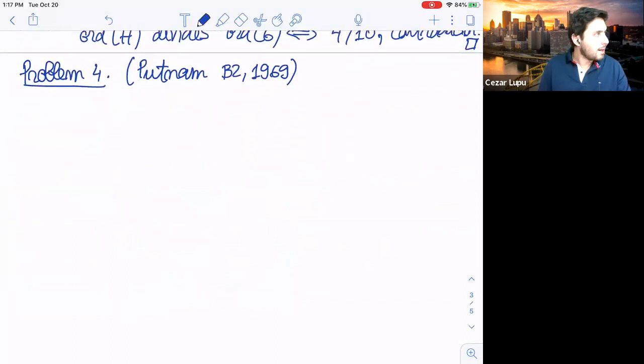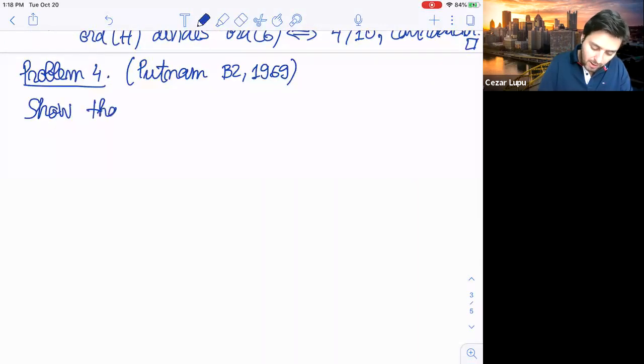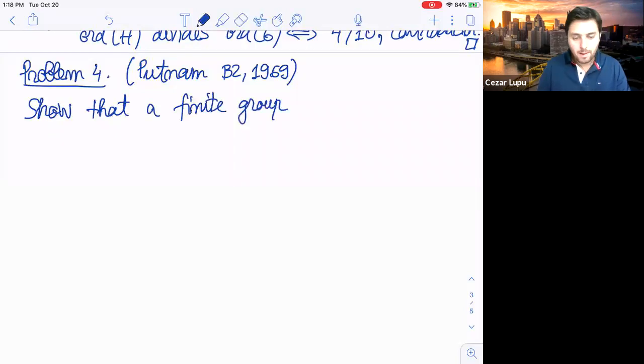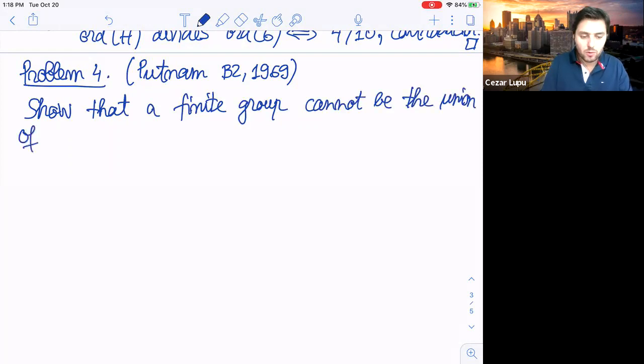So show that, it's pretty classical at this point, show that a finite group cannot be the union of two of its proper subgroups.